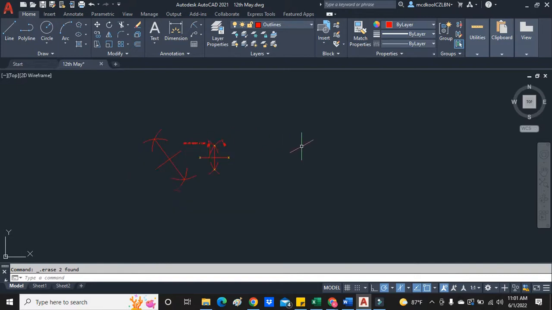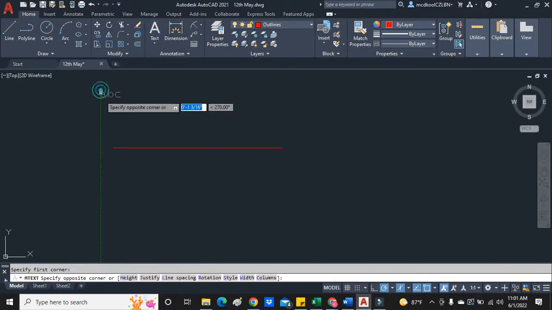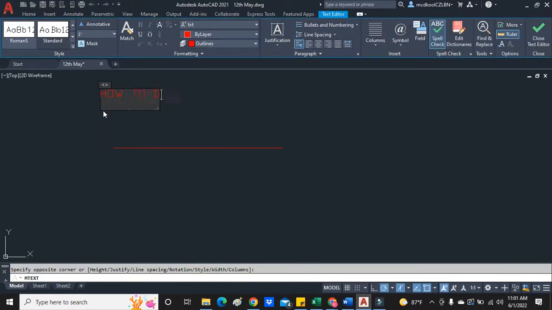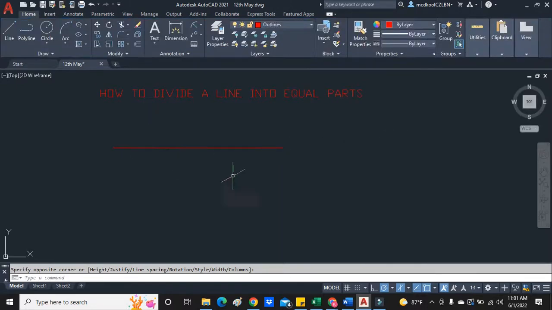All right, so let's go over here. We have a line here at, let's say, 70, and for this we're going to divide this line into equal parts.